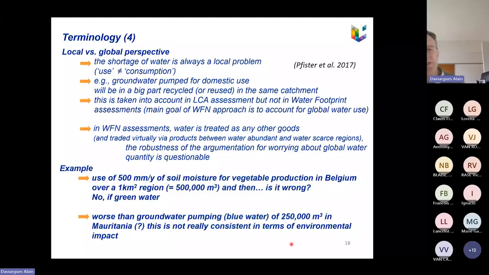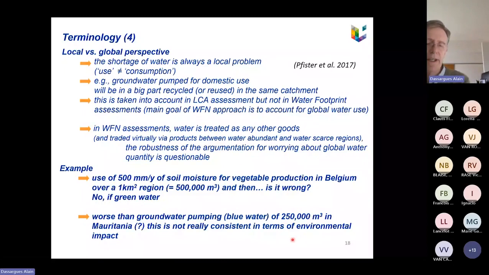Still another example, if we are using about the equivalent of 500 millimeter per year of soil moisture for vegetable production in Belgium, it is the equivalent of 500,000 cubic meter. It would be, according to the water footprint approach, less good or worse than pumping half of that amount in Mauritania.